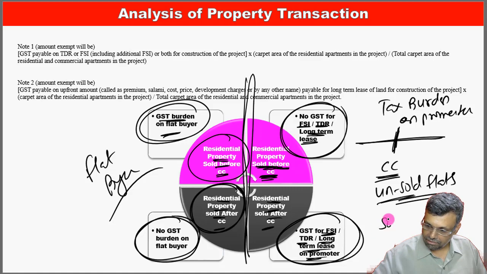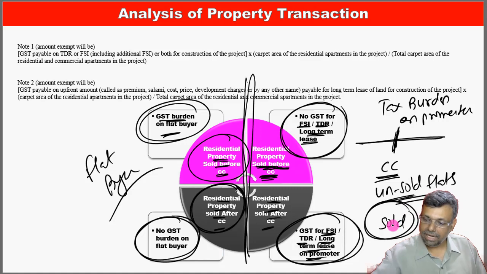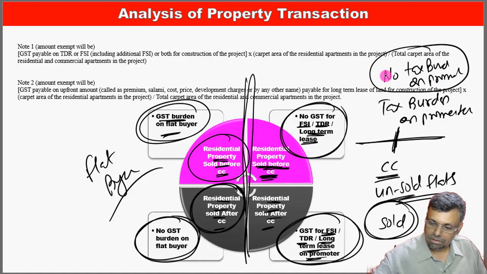Supposing I say that it is a sold flat, that means sold before the cutoff date. This is how you should naturally understand. It has been sold before the cutoff date. In that particular case, there will be no tax burden on the promoter, if it is already a sold flat.